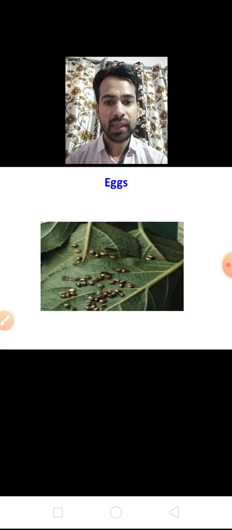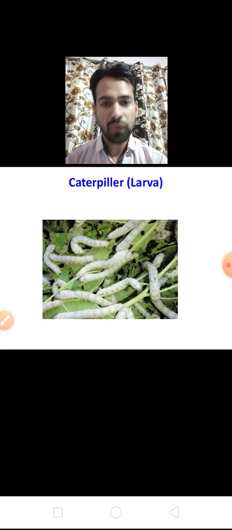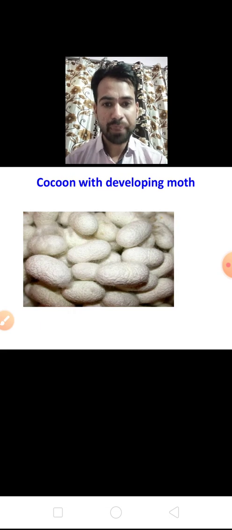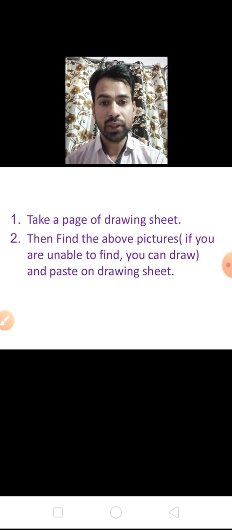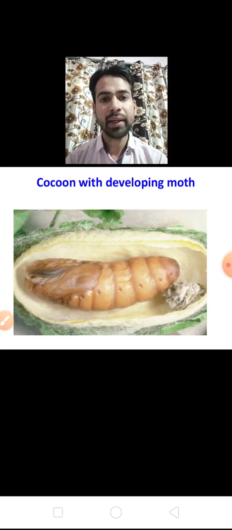Third, eggs on the leaves. Fourth, caterpillar, that is larva. Fifth, cocoon with developing moth. Sixth, cocoon with developing moth. These pictures you have to collect, and if you are unable to find them, you can draw.